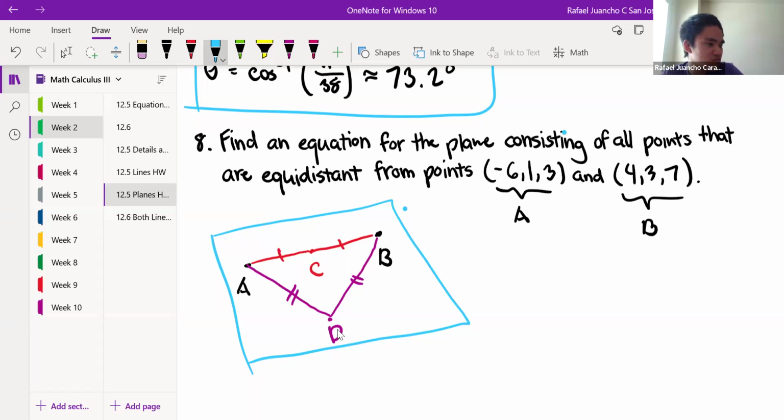And then, oh wait, I'm thinking about that. Why is our normal vector A to B? Or should it be?